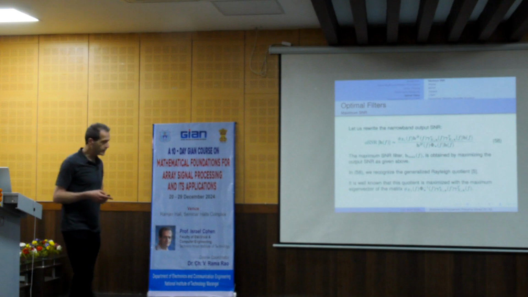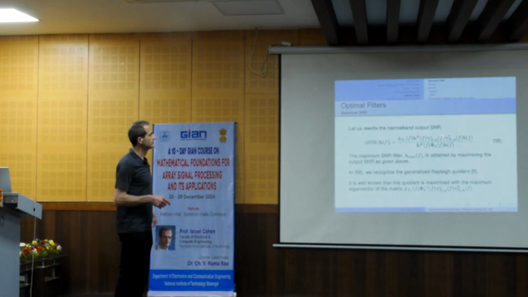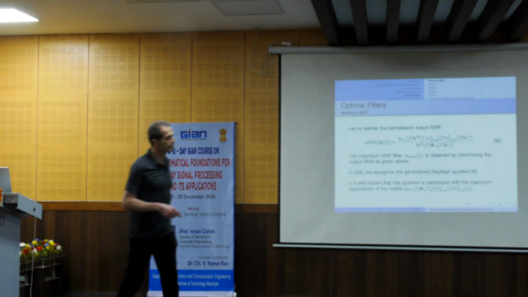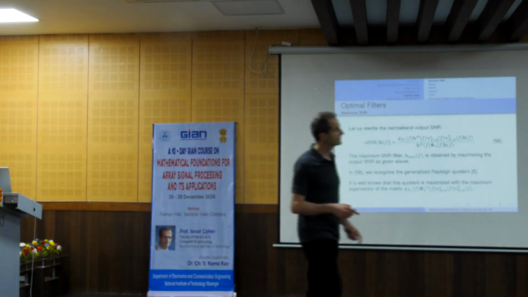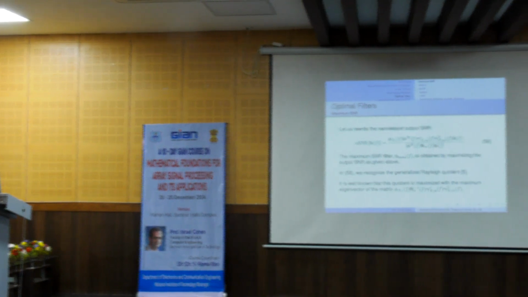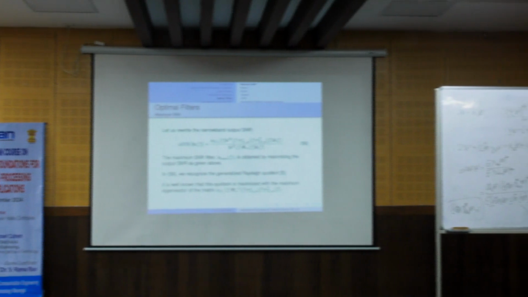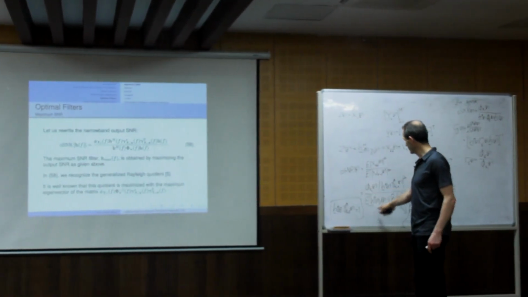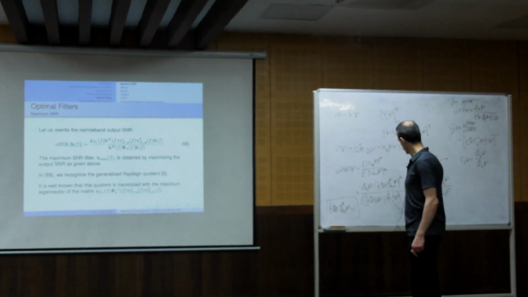So let's start with the maximum SNR. We wrote it somewhere before, but maybe it's not there anymore. Okay. So this is the output SNR for the MVDR. But generally, the output SNR, we saw that it looks like this formula.